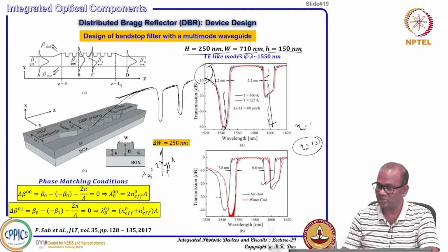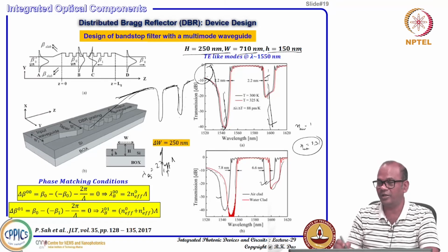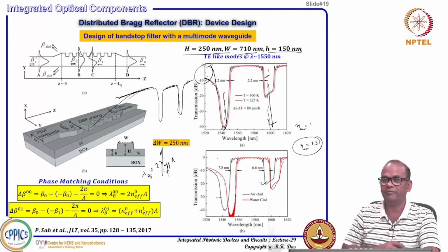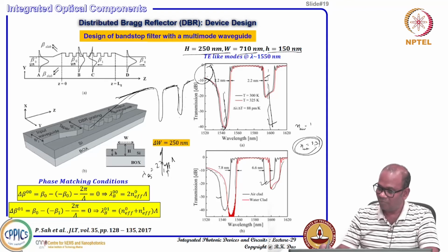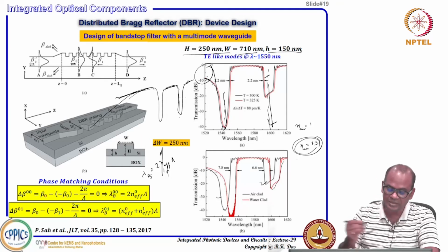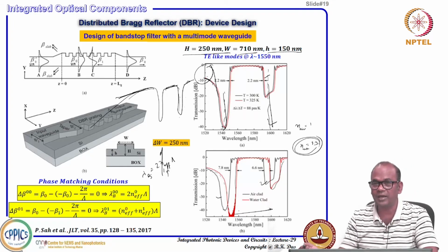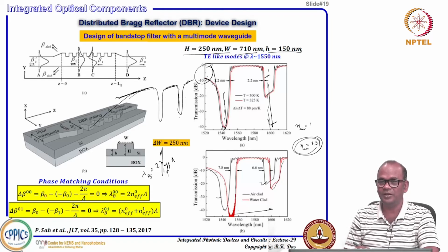In this case it is measured at 6.9, and the other is about 6.6 nanometer, because N effective for the fundamental mode and N effective for the first order mode do not increase equally because of the cladding refractive index change. So by changing the refractive index of the cladding material, you can detune the characteristics, and eventually people exploit this for sensing applications.